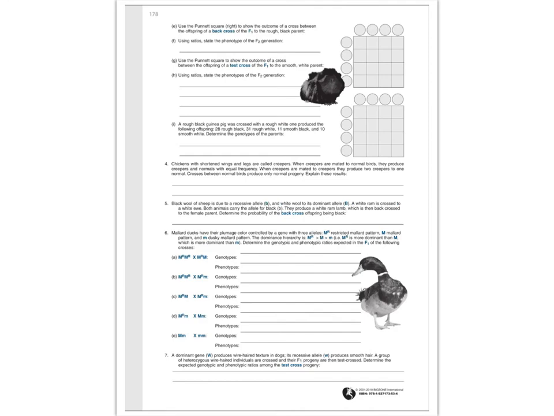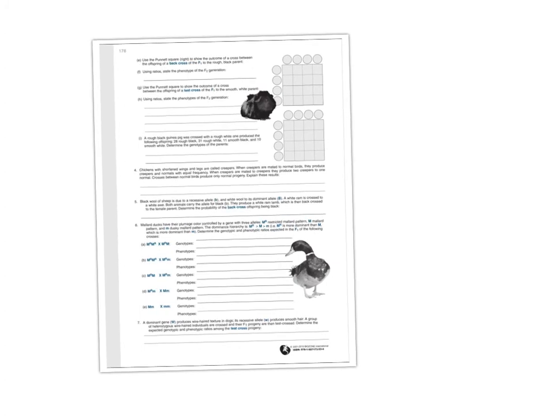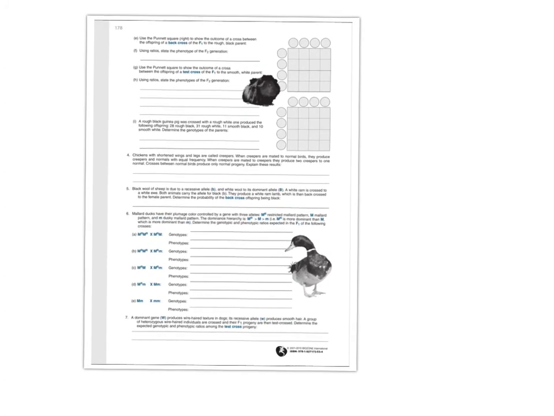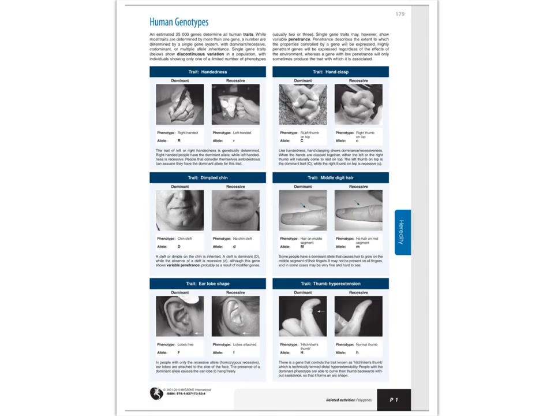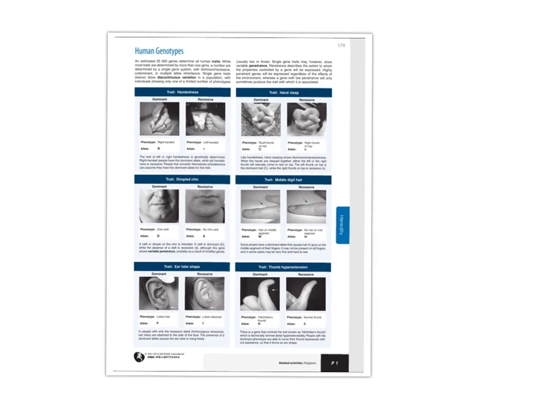Again, more dihybrid crossings, and genotypes and phenotypes. What's going on? Incomplete dominance and codominance. Test crosses. Human genotypes, dominant, recessive. So some interesting phenotypes that you can check and see what your phenotype is.